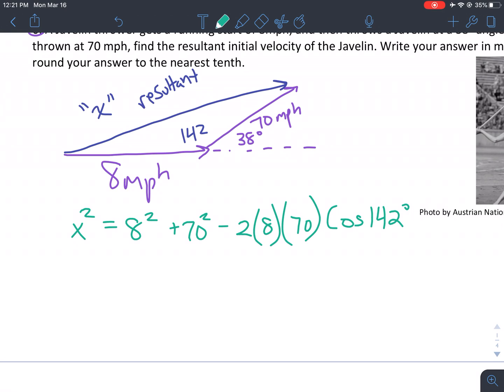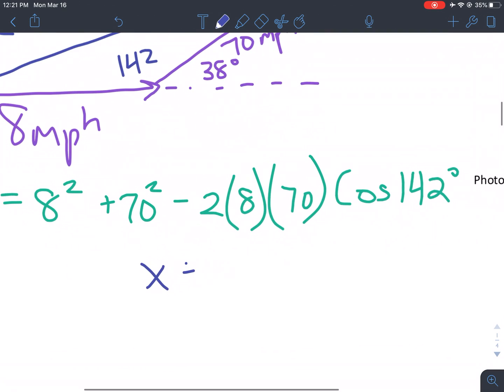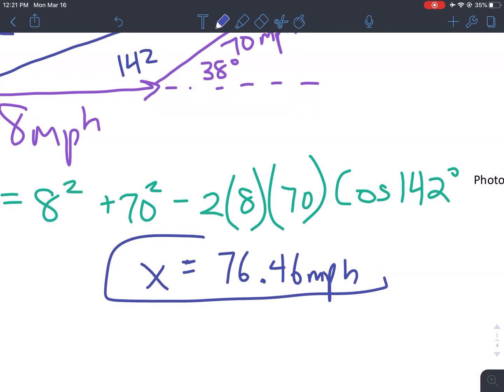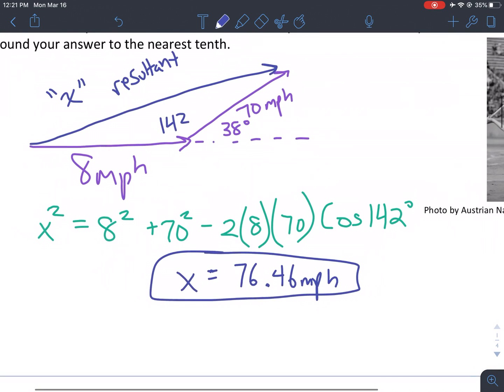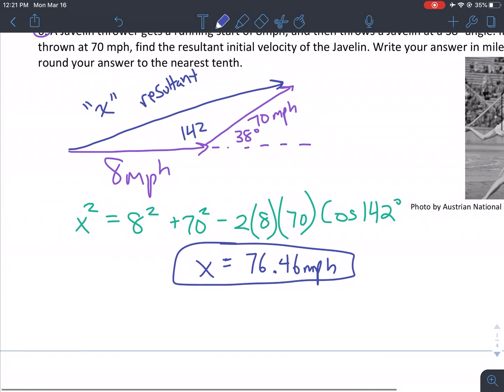You put that in your calculator and you solve for x. Don't forget to take the square root. You should get an answer of x equals 76.46 miles per hour. It makes perfect sense because if someone is running before they throw their javelin and they throw their javelin at 70 miles an hour, then the resultant speed would actually be faster than that.